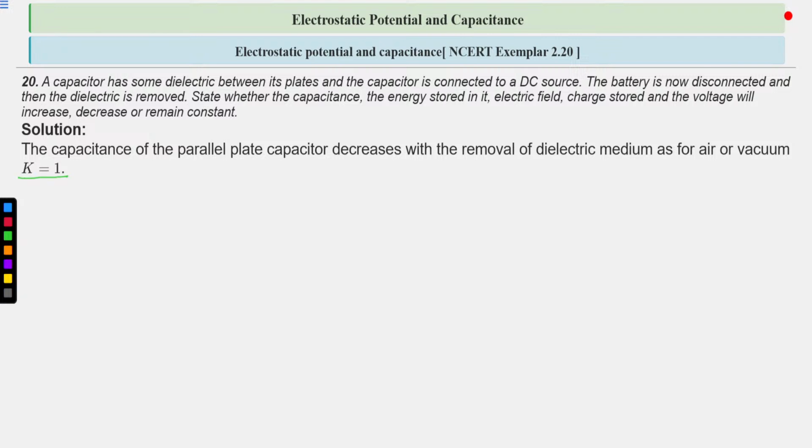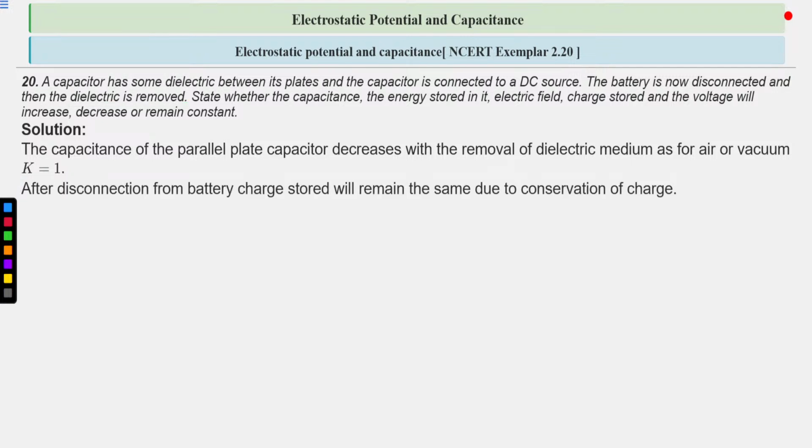Why? Because we have removed the dielectric medium.